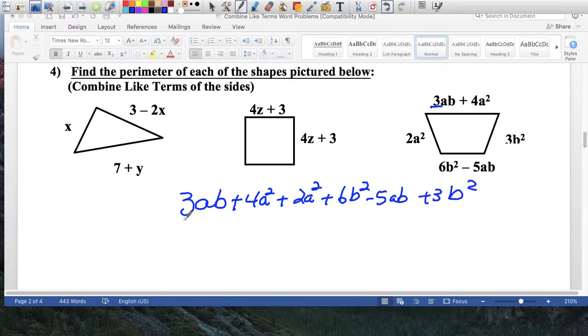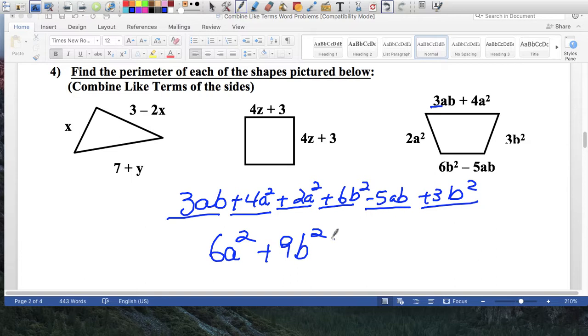Let's do the a squared. 4a squared plus 2a squared is 6a squared. b squared: 6b squared plus 3b squared is plus 9b squared. And then we have 3ab and minus 5ab, so it's 3 minus 5, which is negative 2ab. So that's the perimeter of this trapezoid.